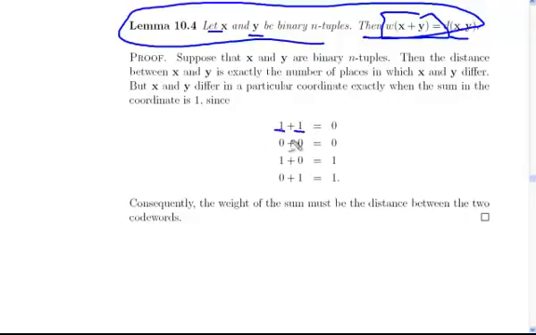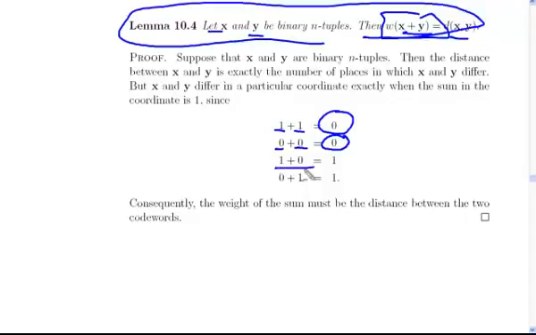Then that digit, you take the sum, the corresponding digit in that sum will be 0. So whenever the digits of x and y agree, that adds 0 to the weight of the code word. If the two digits agree, they're both 0, again, that adds 0 to the weight of the sum code word. Okay?